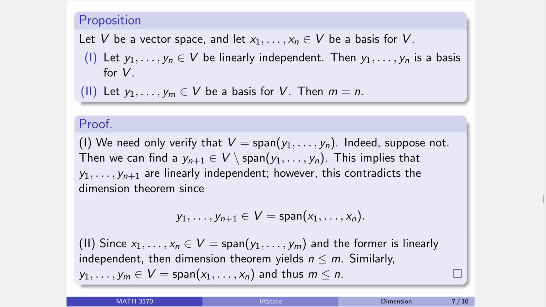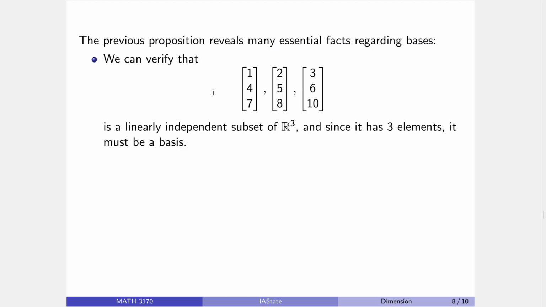Nice. Alright, so with these facts in our back pocket, we have a couple of fun little consequences. Here is a list of 3 things in R3: 1, 2, 3, 4, 5, 6, 7, 8, 10. And it doesn't take too much effort to verify this is linearly independent. Remember, for a list of vectors in Euclidean space, smash them together in a matrix and get its row-reduced echelon form.